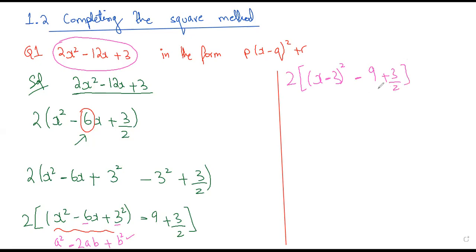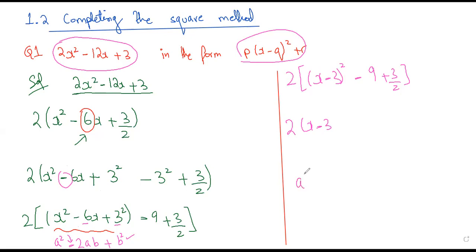Now I can multiply 2 to get this form. It would become 2 times... Miss, why is the minus sign here? Shouldn't it be positive? It is minus because of this minus. Let's talk about the basics. If you have a minus here, what do we get? We get a minus b squared.